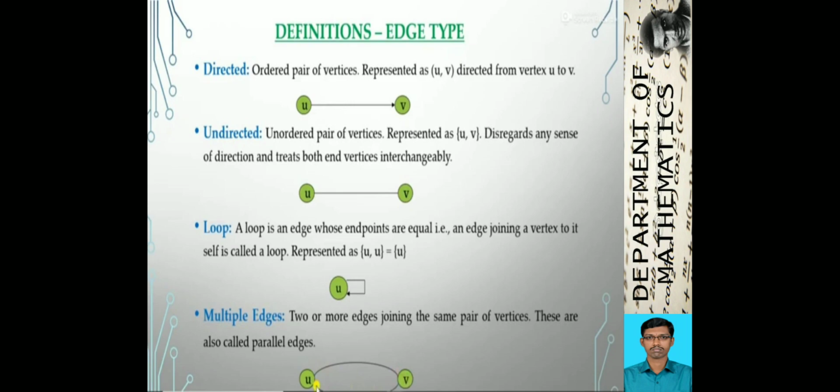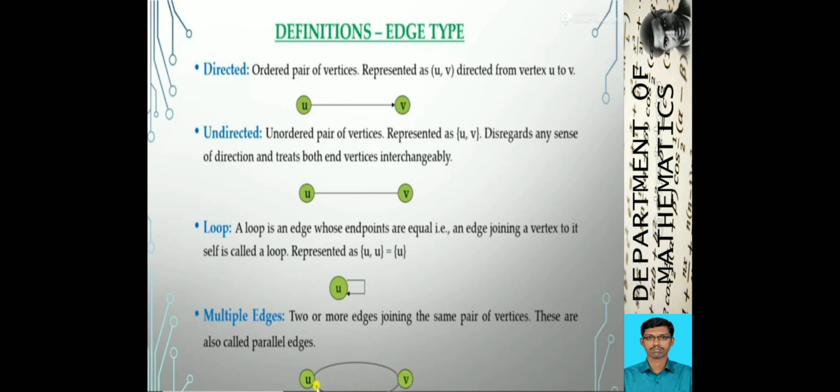Now multiple edges. What are multiple edges? Two or more edges joining the same pair of vertices. These are also called parallel edges.